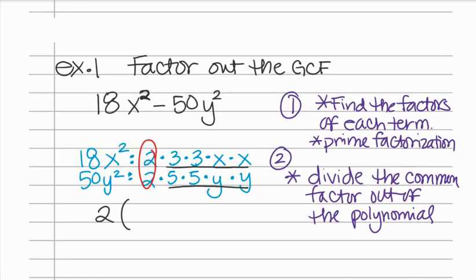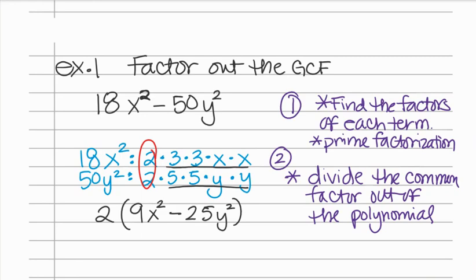So 3 times 3 is 9, times x is 9x squared, minus 5 times 5 is 25 times y, 25y squared.